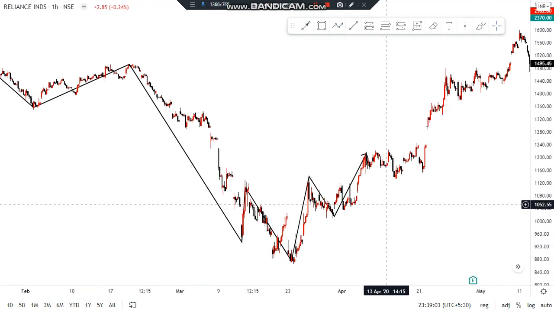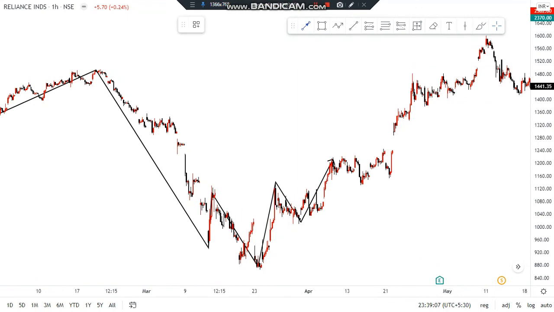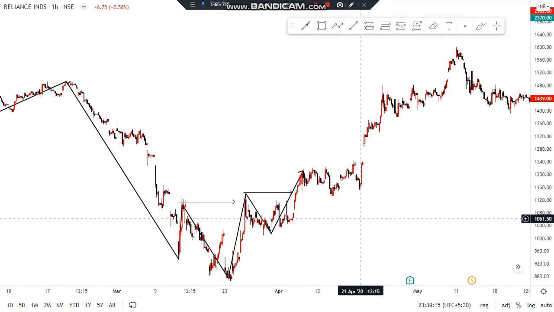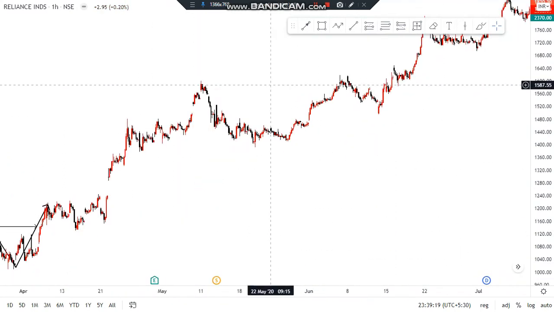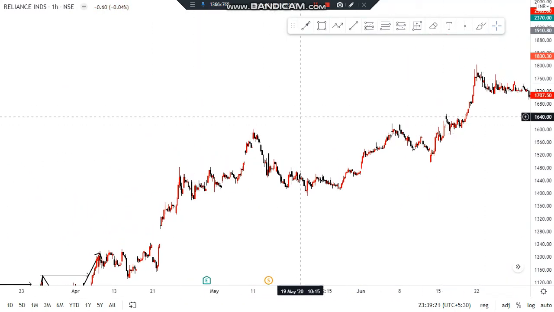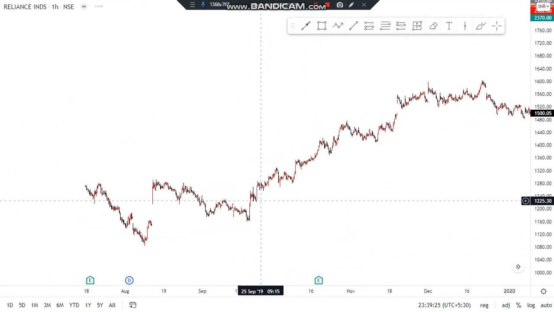So it's clearly an uptrend coming up, because this was the first breakout structure and this was the second breakout structure. So we can confirm that an uptrend is likely to come, and then as you can see, an uptrend did come. Okay, so this is how you identify breakout structure and change in trend.